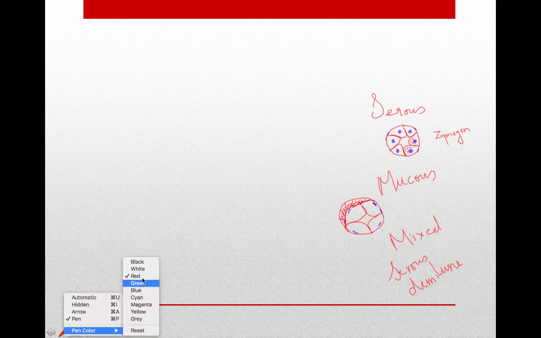Their apical portion, you make it more pink because of the zymogen granules and the serous property of the cells. This will give this zone a more acidophilic appearance. And the nucleus is rounded. We'll make a rounded nucleus here, drawn in the center of the cell.